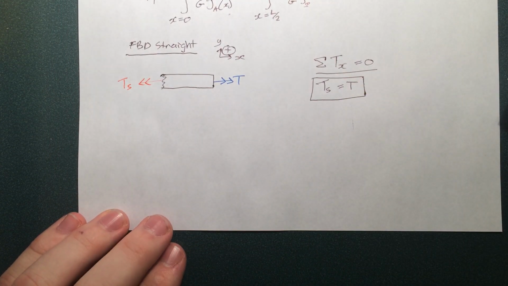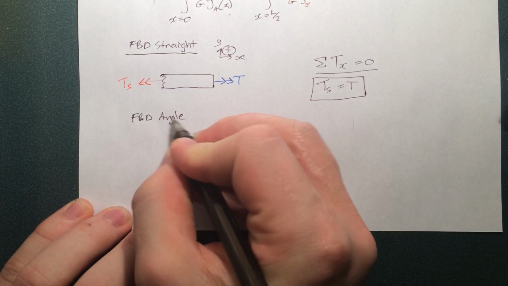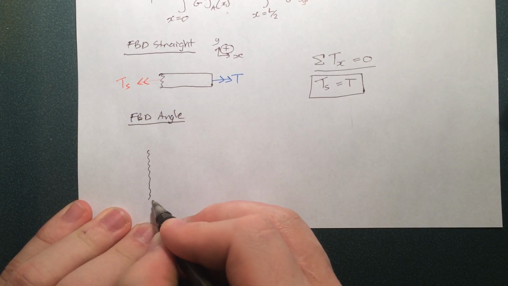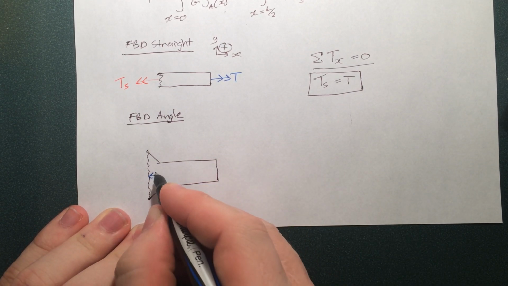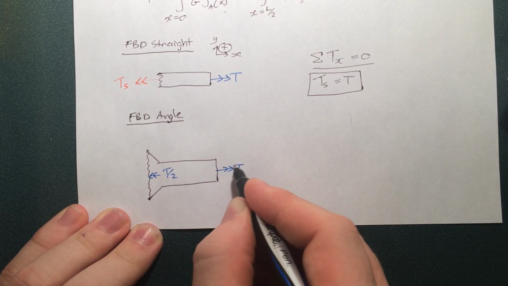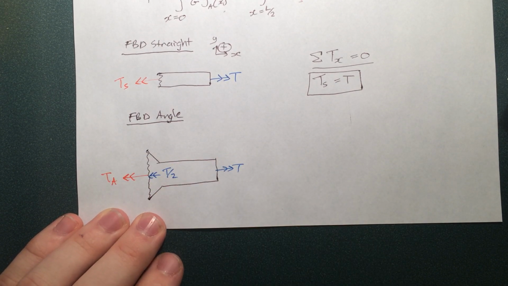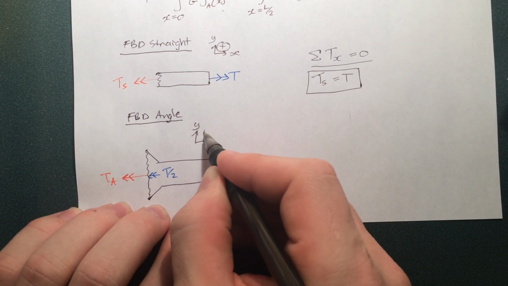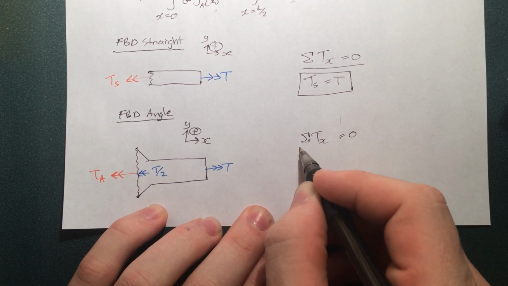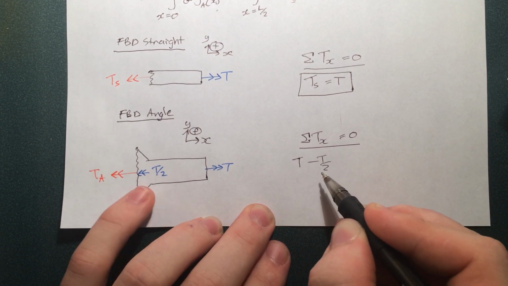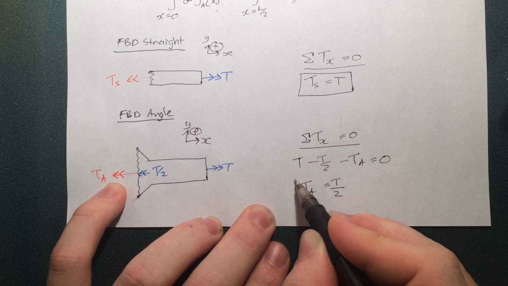Now let's look at the second free body diagram, this one here. I'll call it the free body diagram of the angled piece. And the same as you did in the straight piece, sum of the torques to be 0. So T minus T by 2 minus TA is 0, or TA is T by 2.